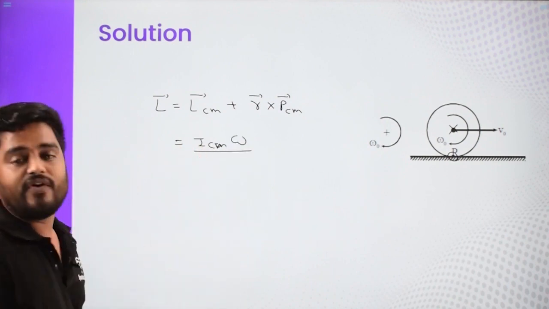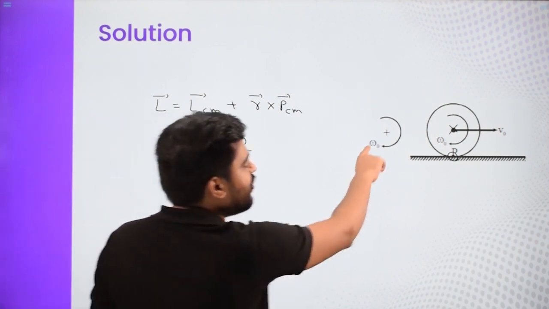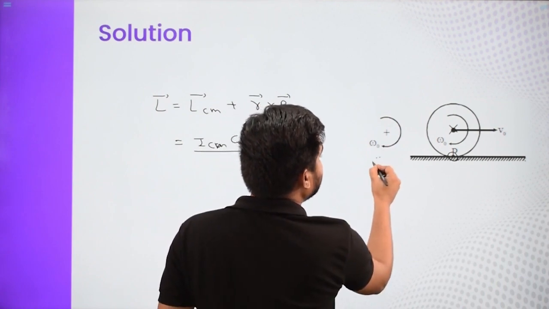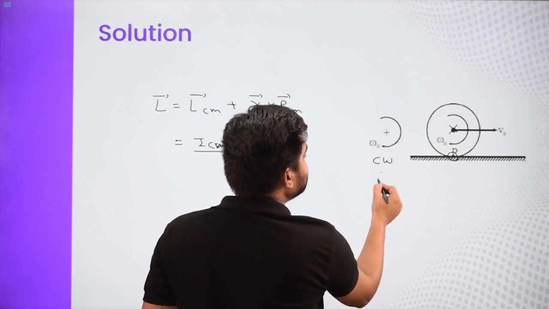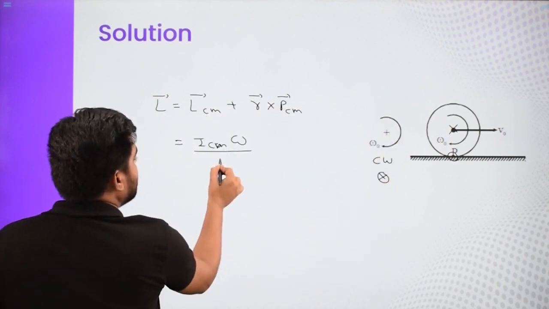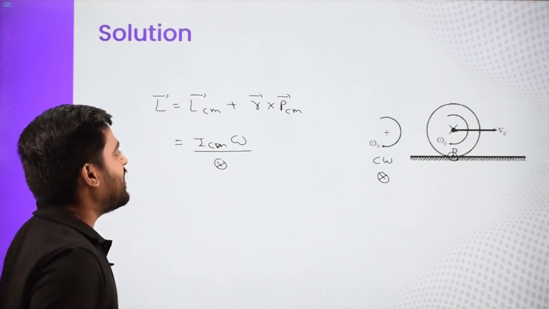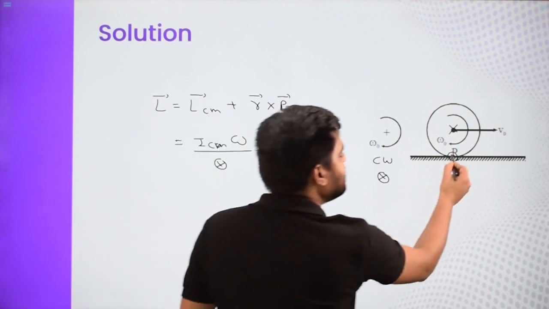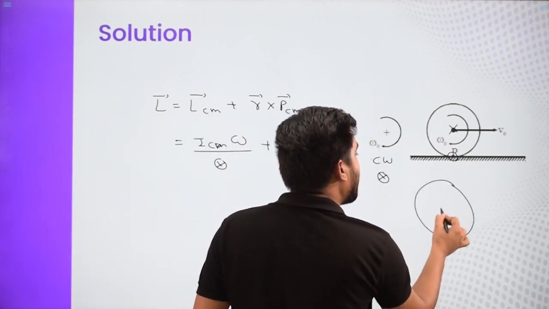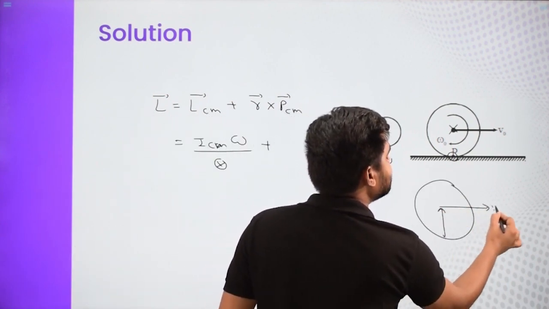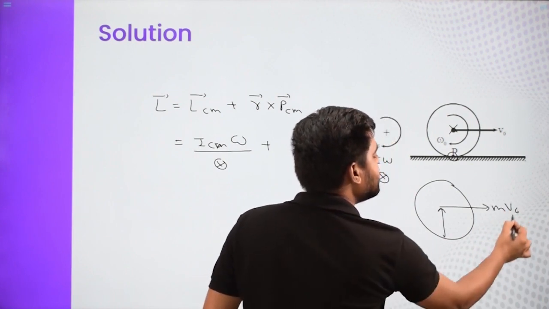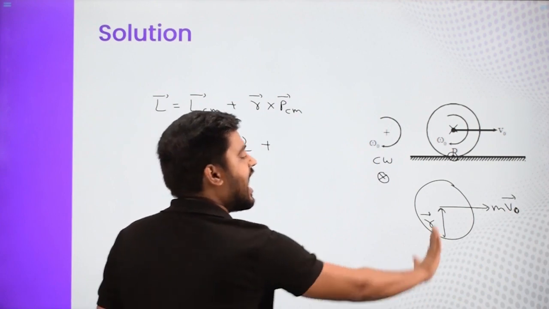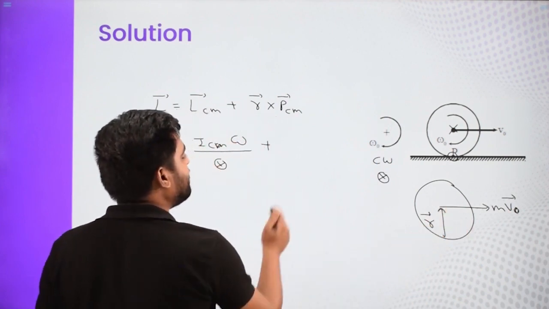What is the direction? Omega is in this direction, and clockwise is taken as positive, so positive is into the plane of the paper. Then for r cross p, this is the sphere, this is my r and this is my p vector, which is mv0. The direction of r cross p is again into the plane of the paper.